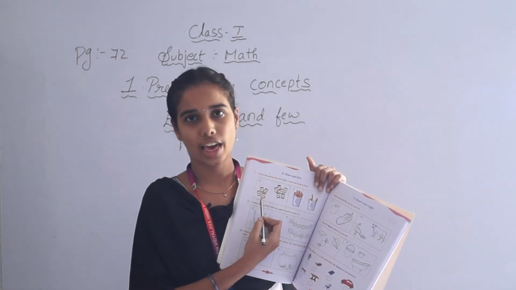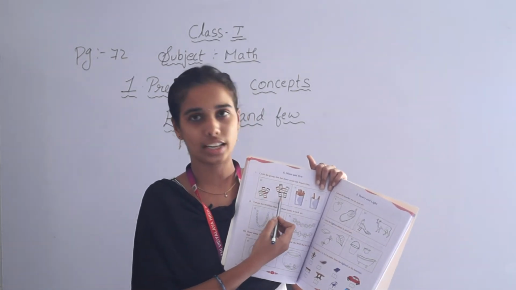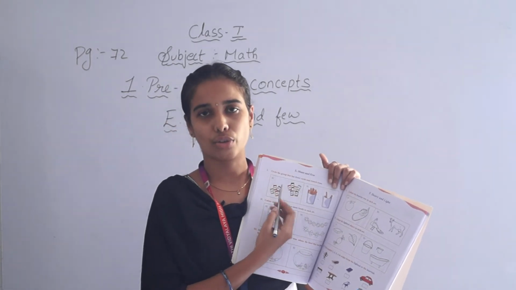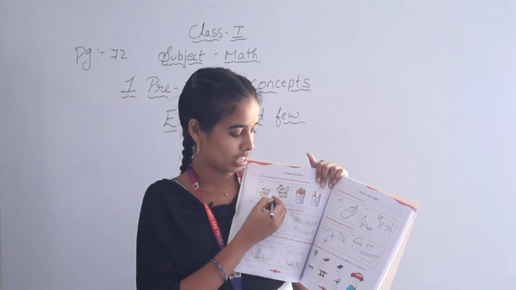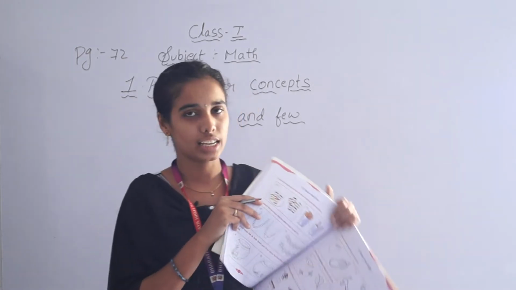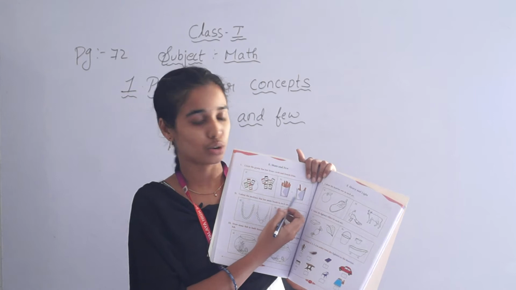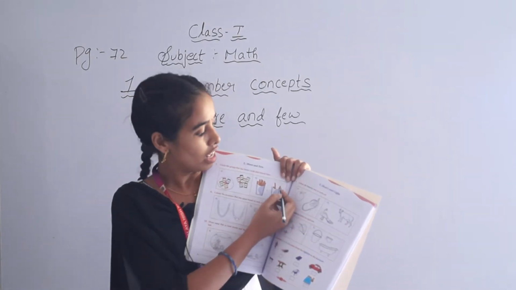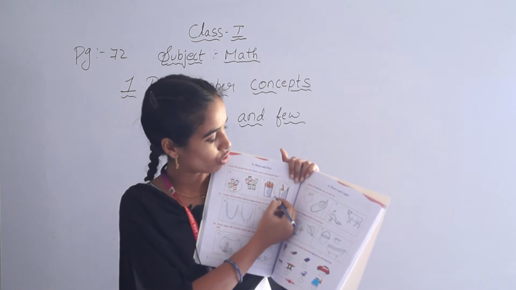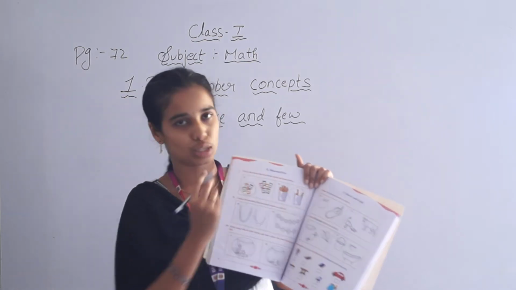So fewer means the least one, that is 4 cars. So you have to circle that. And then next one, here 2 French fries are there. Here which one has less, that means fewer, you have to circle this one.